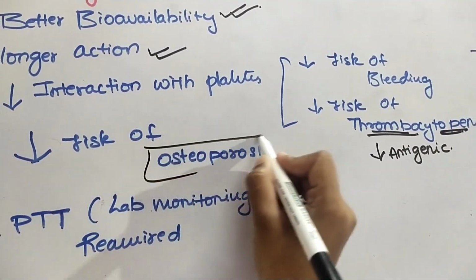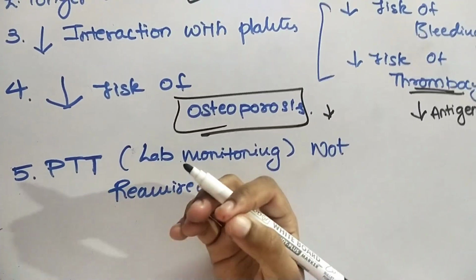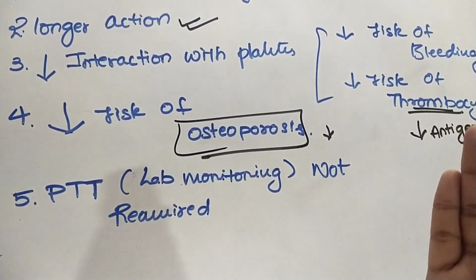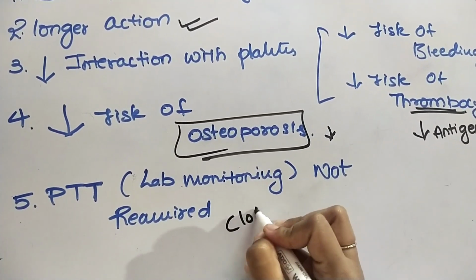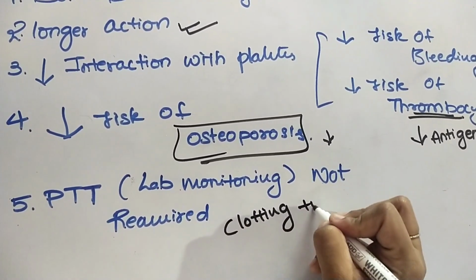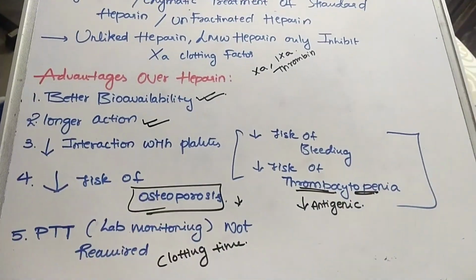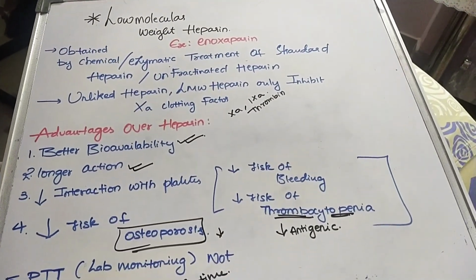The risk of osteoporosis is also less, and we don't need to continuously monitor the drug levels or always measure the clotting time when it is given. This is about low molecular weight heparin in brief.